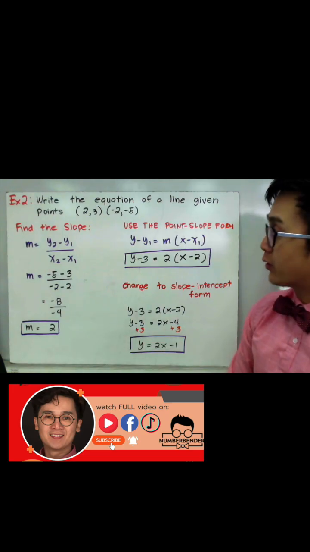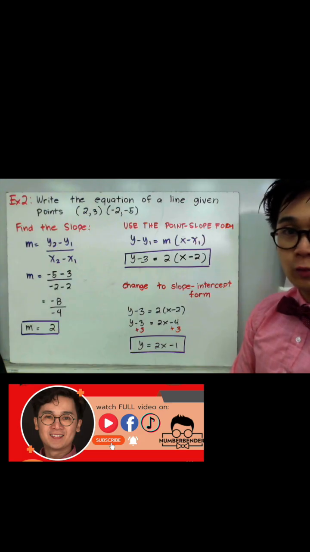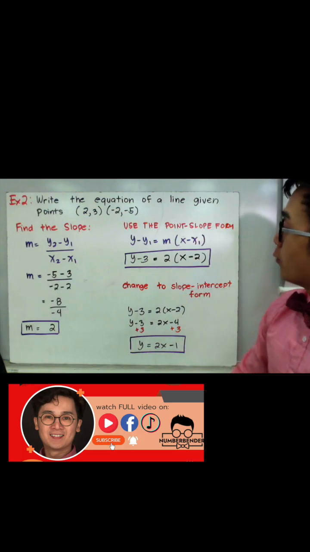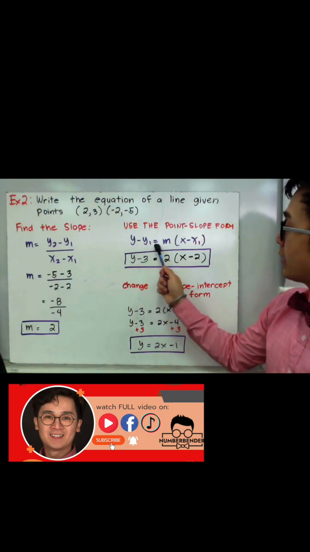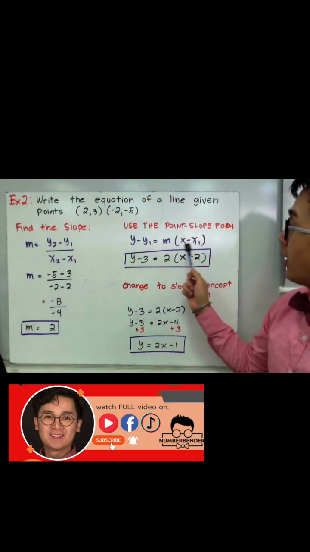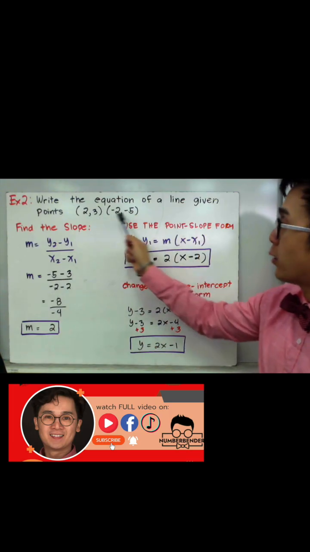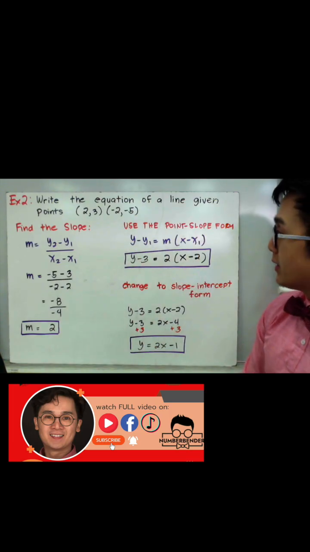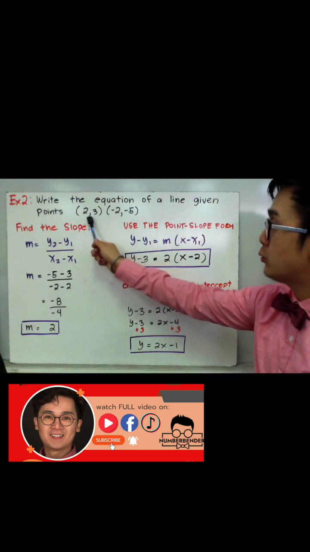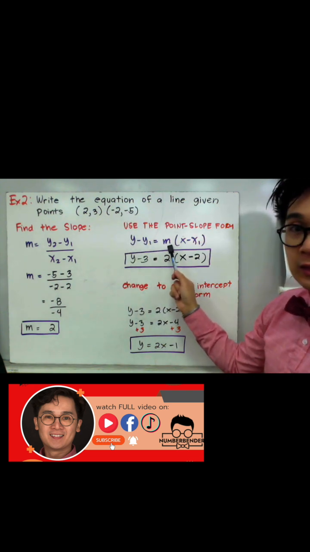So now that you have your slope, you need to use the point-slope form to write the equation of a line. When you use y - y1 = m(x - x1), which is your point-slope form, you only need 1 of the 2 points given in the problem. So in this case, you can use either (2, 3) or (-2, -5) in your equation and you will still get the same result.